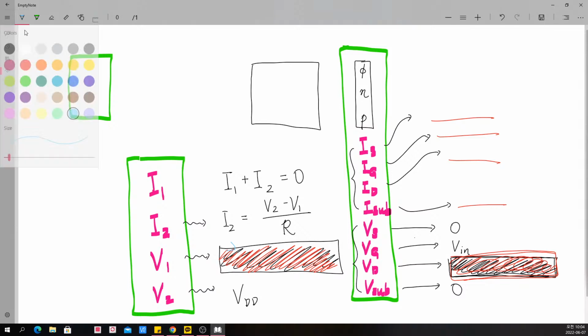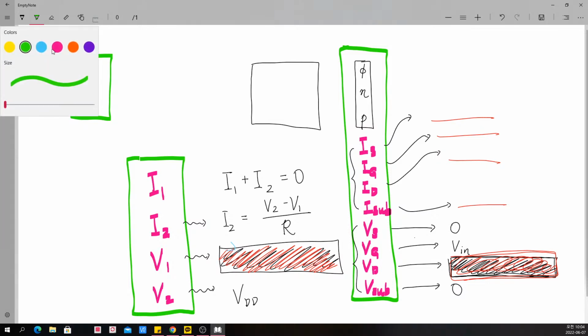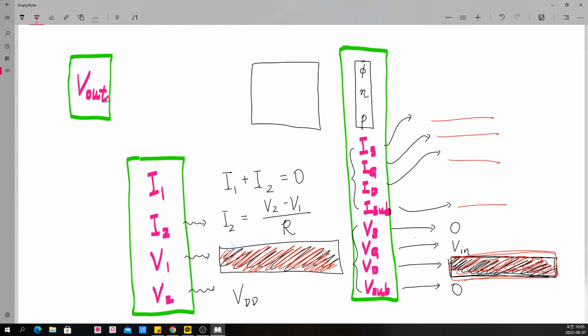Yes, so now let's call this, for example, V out. Once we introduce this V out, things become really simplified.